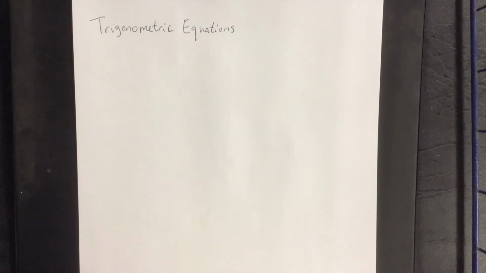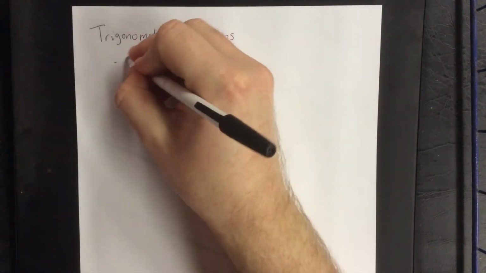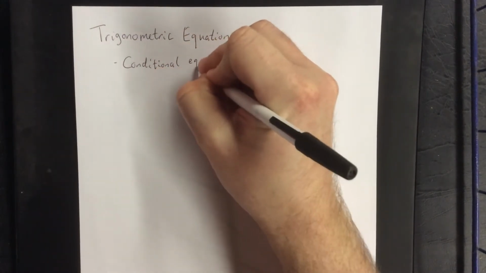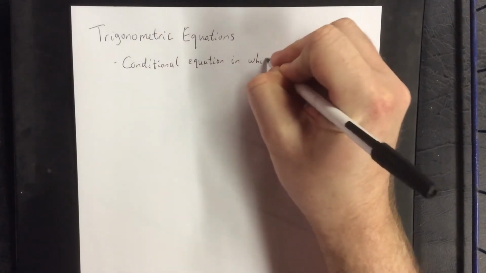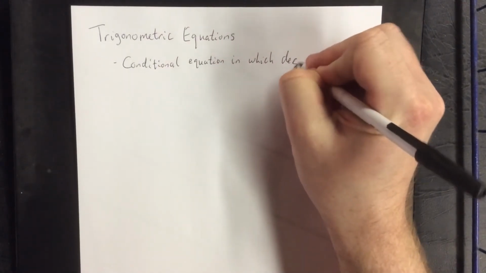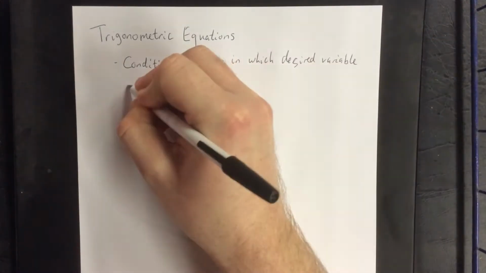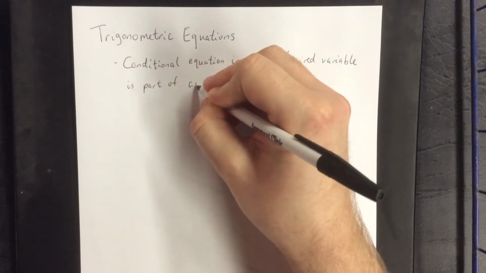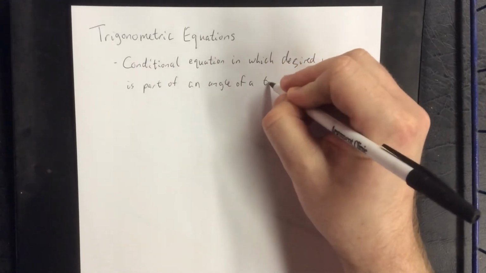In this video, we're going to be doing an overview of what is a trigonometric equation and how to solve it. So a trigonometric equation is a conditional equation in which the desired variable is part of an angle of a trigonometric ratio.